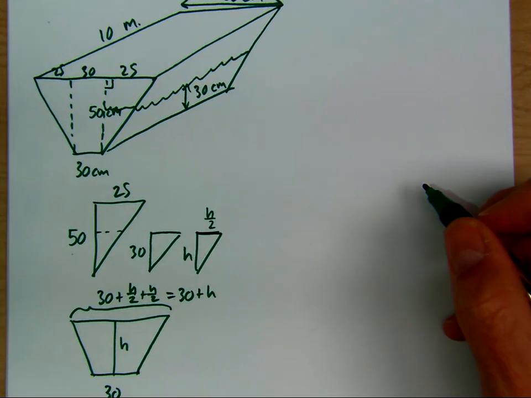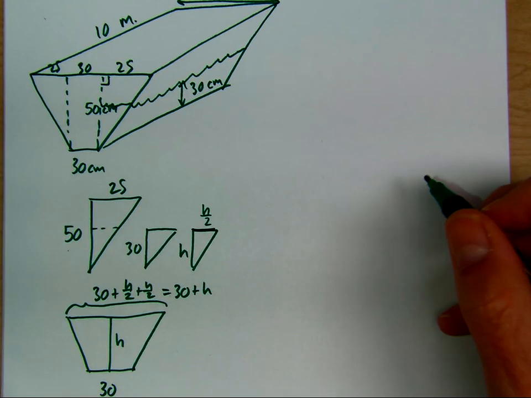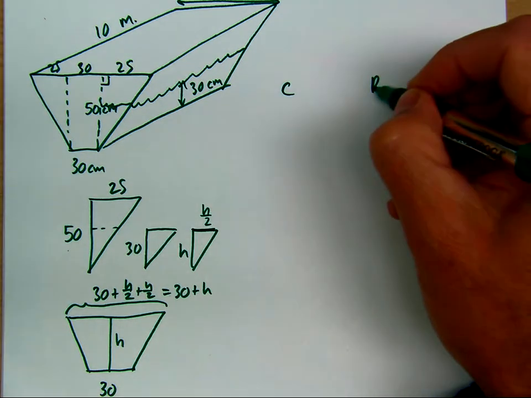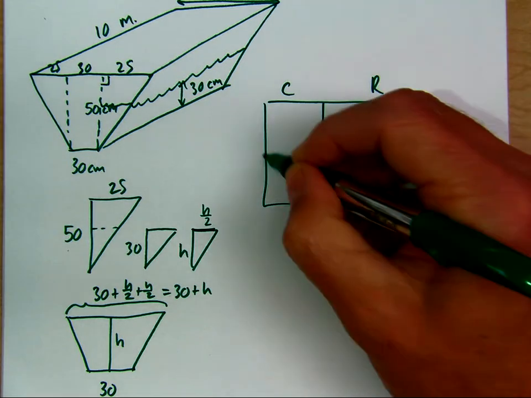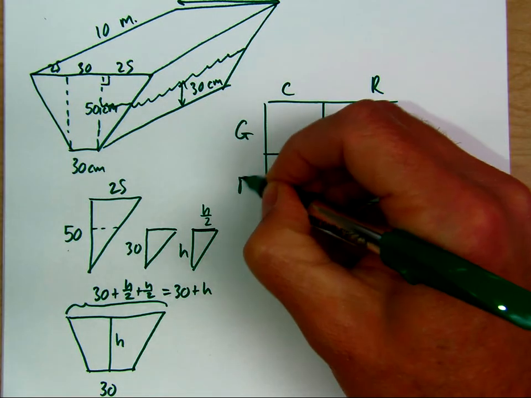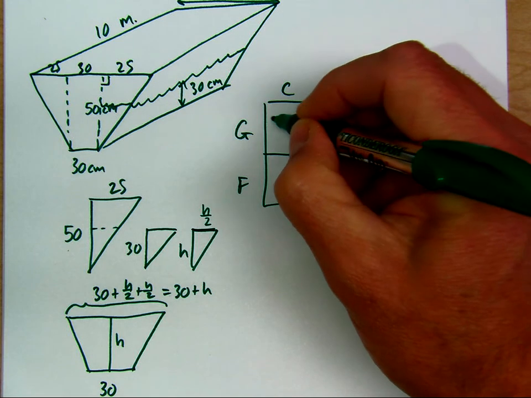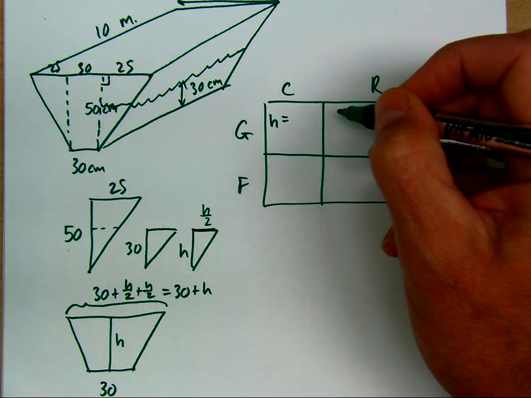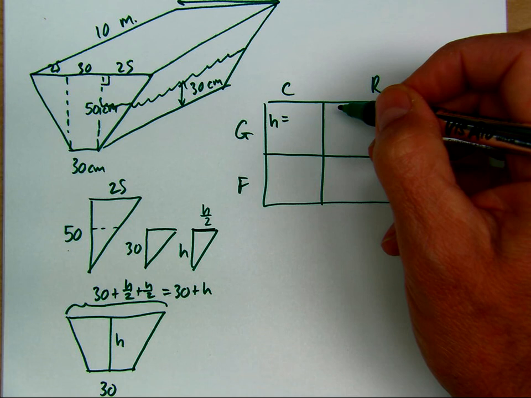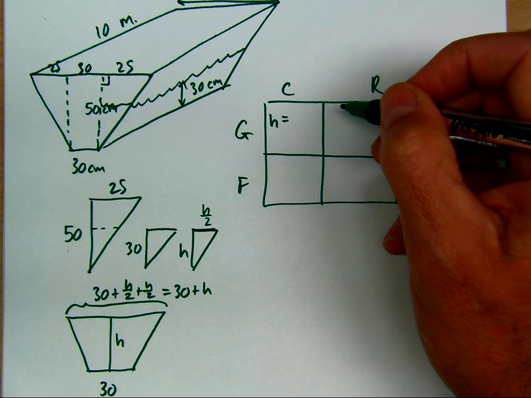All right, let's do the organizer, constant rate. Given, find. The given constant is the height. And since we're dealing with meters and centimeters, let's go ahead and do everything in meters.